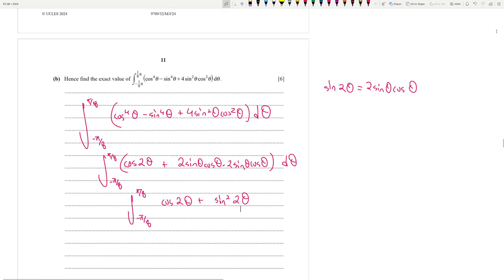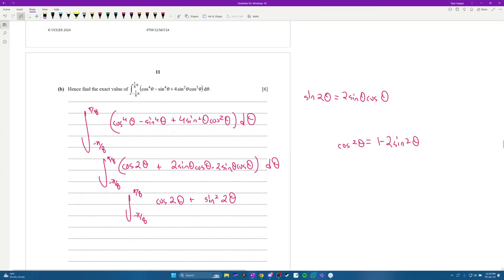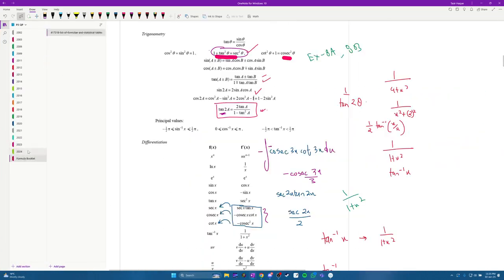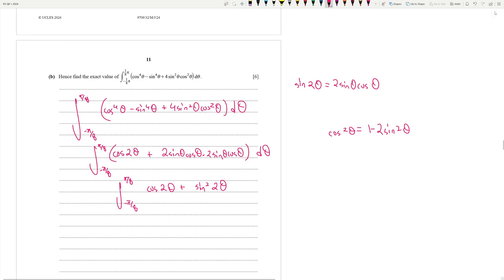Now we have to apply the double angle formula again. How? Check this. We know that cos 2 theta is equal to 1 minus 2 sine square theta, right? This is from the data booklet. So can we write this?